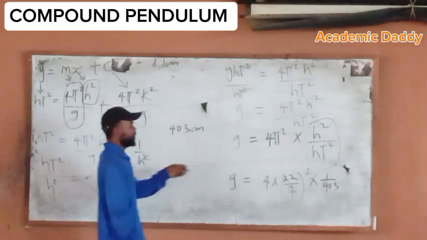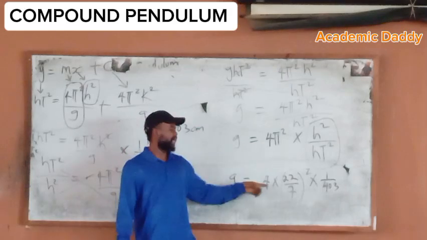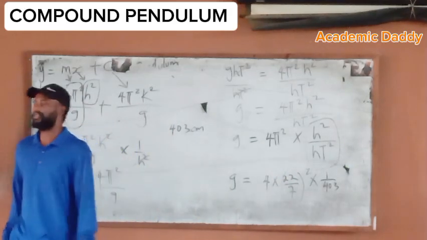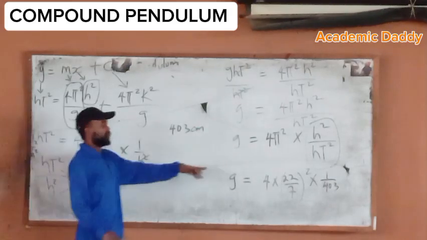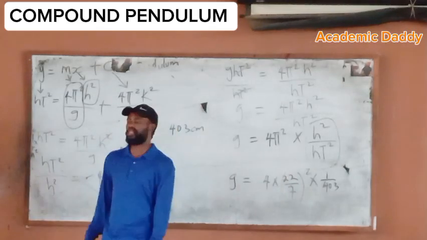So we have 4 times 22 over 7, take the square, times 1 over 410. That is waiting after this one. 4 times 22 over 7, let's go, times 1 over 410.